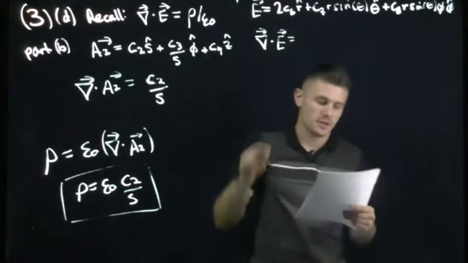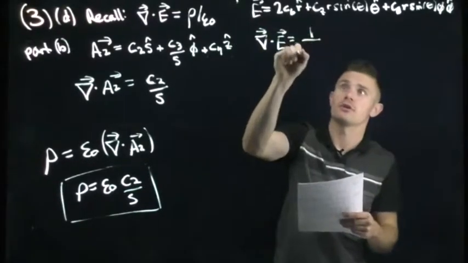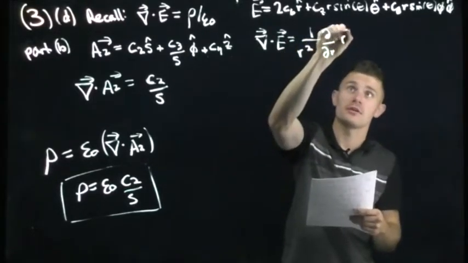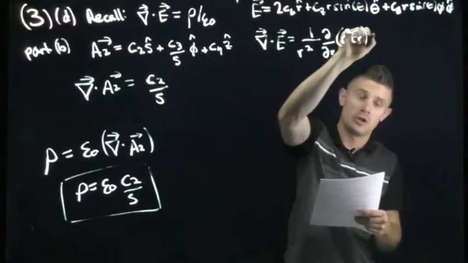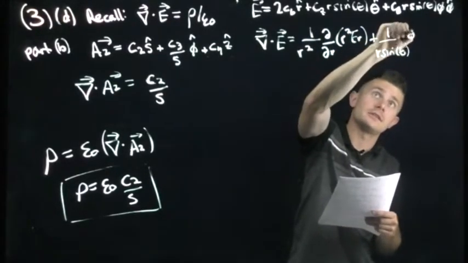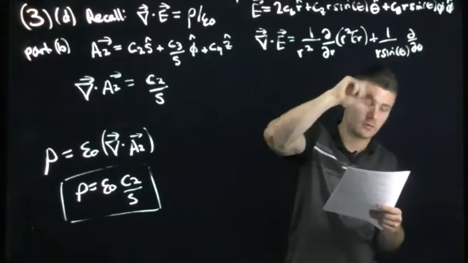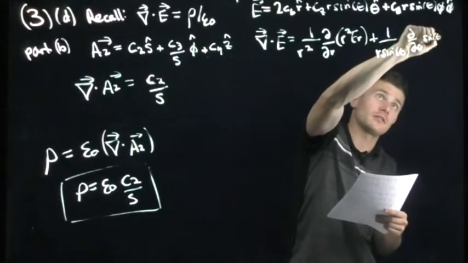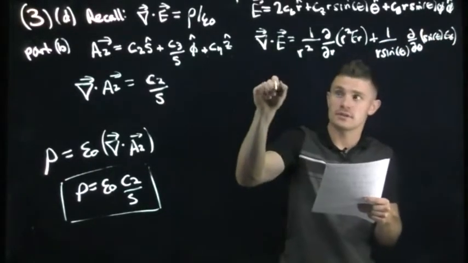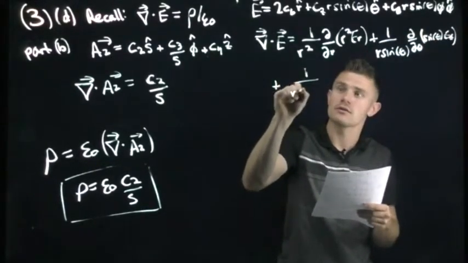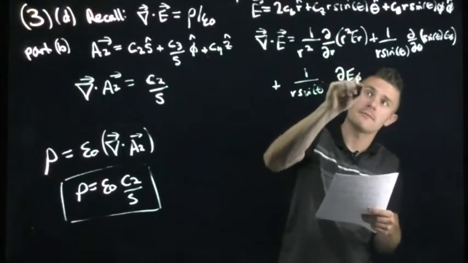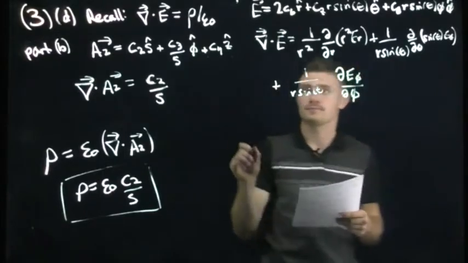So again, we get the big ugly formula, 1 over r squared d by dr of r squared Er plus 1 over r sine theta d by d theta sine theta E theta plus 1 over r sine theta dE phi by d phi.